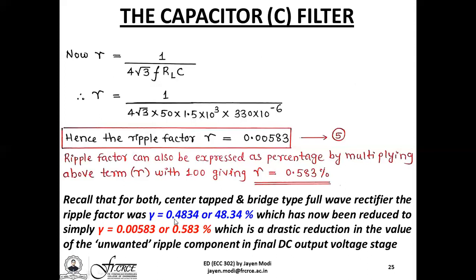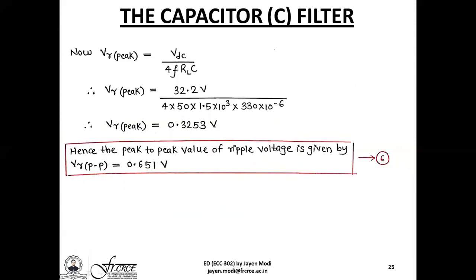Both the terms can be seen, or 48.34% is now drastically decreased down to 0.583%, which is a huge decrease in the value of the unwanted ripple component in the final DC output voltage stage. So from a ripple factor of 48.34%, we have managed to decrease the ripple to a mere 0.583%.